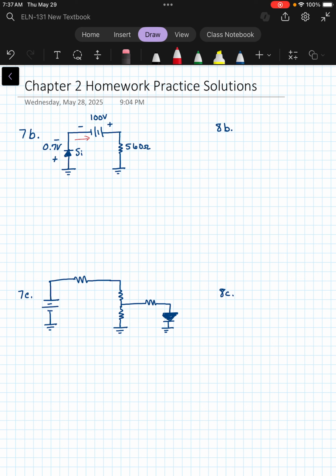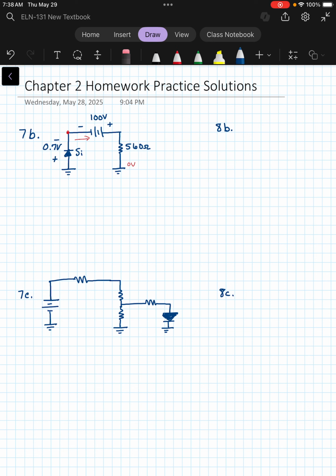So from ground over here, we're going to have a drop at some point of 100 volts before we get to this point here. So that indicates that we should be at a lower voltage than 0 on the cathode side of the silicon diode.